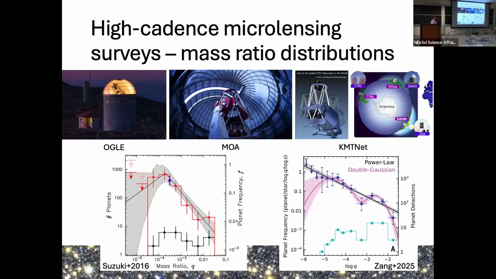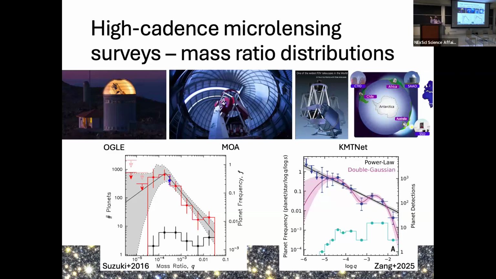So this is decades of work now. The three main microlensing surveys that have been doing these exoplanet surveys are OGLE in Chile, MOA in New Zealand, and then KMTNet, which is a network of 3 telescopes, 1 in Chile, 1 in South Africa, and 1 in Australia.